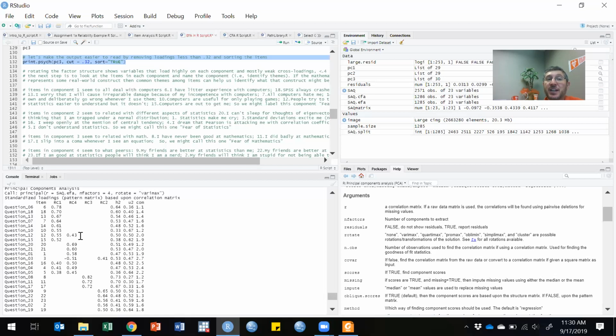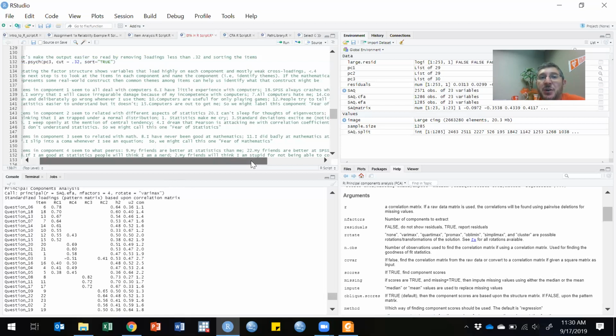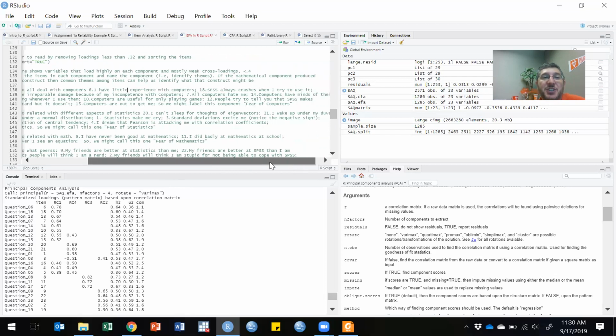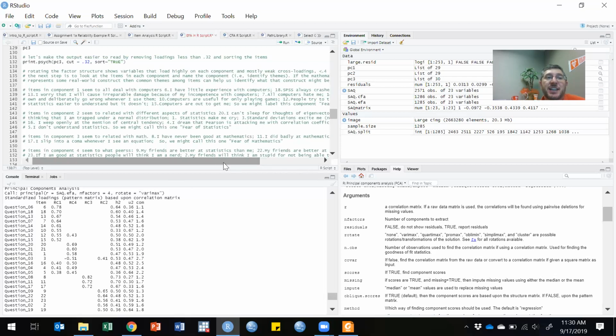If we look at component 1, a lot of these items seem to deal with computers. Question 6 is, I have little experience with computers. 18, SPSS always crashes when I try to use it. 13 is, I worry I will cause irreparable damage because of my incompetence with computers.